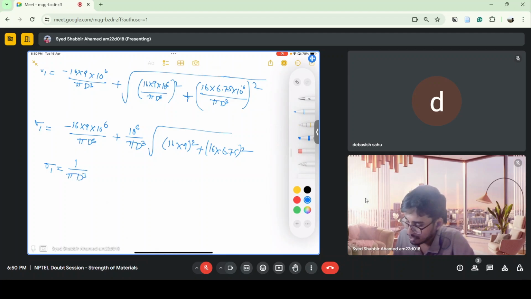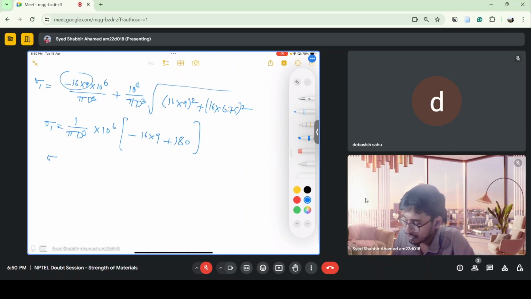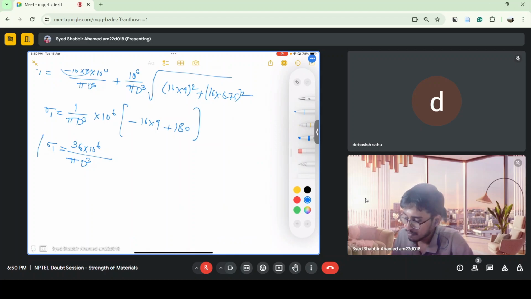From the whole thing, if I am taking 1 by pi d cube into 10 to the power of 6, I'll remain with this 16 into 9 and root whatever the value of this root, which comes out to be 180, and I'll get sigma 1 is equal to 36 into 10 to the power of 6 divided by pi d cube. This is sigma 1.